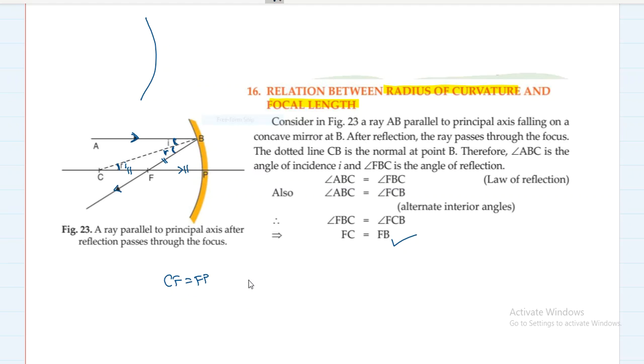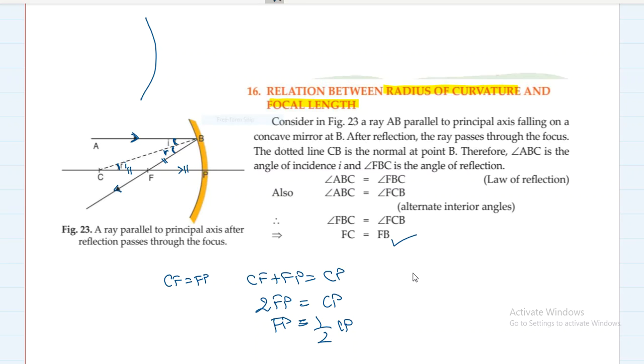CF will be equal to FP and CF plus FP is equal to CP. ठीक है, सो हम बोल सकते हैं कि 2 times FP, क्योंकि CF और FP तो इक्वल है ना, 2 times FP is equal to CP. So we can say that FP is equal to half of CP.